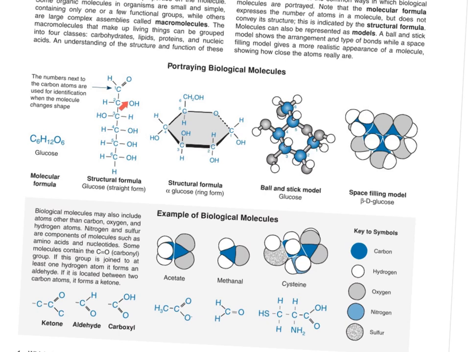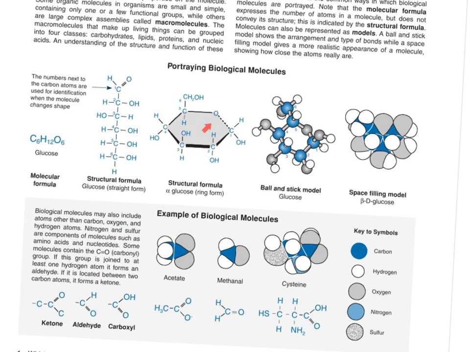Now, this is called the structural formula. Structural formulas just look at what's connected to what. This is also a structural formula, but glucose can form a ring, and notice it's a hexagon. You will often see glucose depicted as just a hexagon.